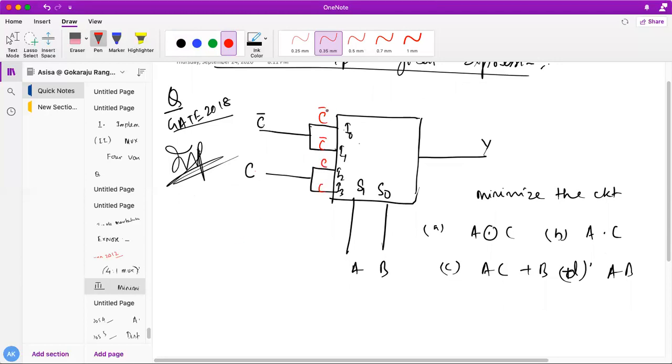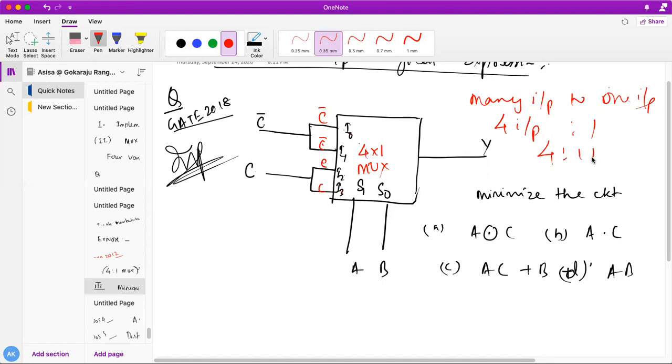Now I come to know that my I0 is C bar, I1 is C bar, I2 is C, I3 is C. Obviously this looks like a mux, though it's not given as a mux, but still I can recognize that this is actually a 4x1 mux. Am I correct, students? It's many inputs to one output, and clearly 4 inputs and 1 output are given.